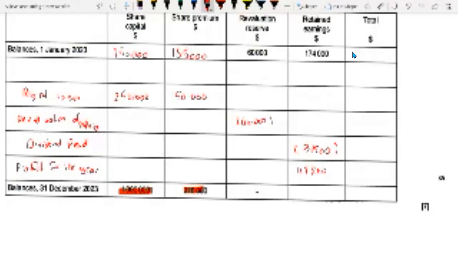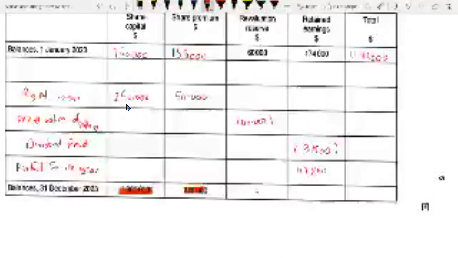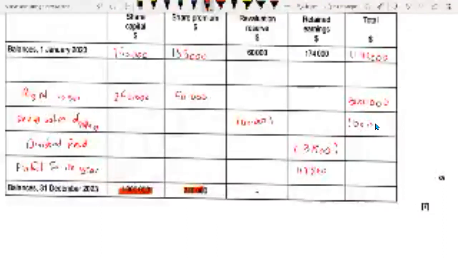In the total, we have 1,4,900. In the rights issue, the total of this would be 3 lakh. And we have to deduct the 60,000 from the total. And 37,500 would be less, and this would be added.